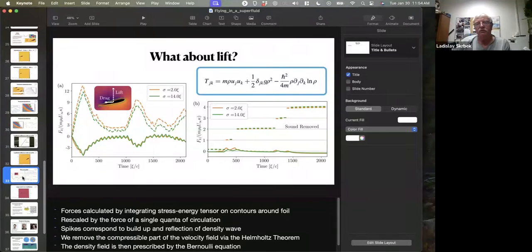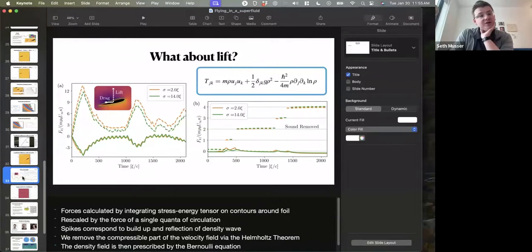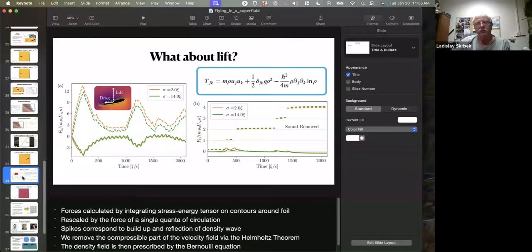But let me add a few comments from the experimental point of view. Of course, what you have done is beautiful. But on the other hand, you actually assume intrinsic vortex nucleation. And in helium-4, this will never work like this. So if you have a macroscopic airfoil or anything like that, then the vortex nucleation which will happen there will be of an extrinsic nature.